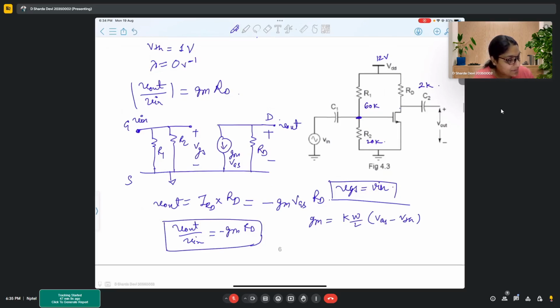So VGS can be found out as K W by L, VDD into 20 upon 20 plus 60. Since S is ground, no need to subtract anything, minus 1. In place of VDD we have 12 volts.